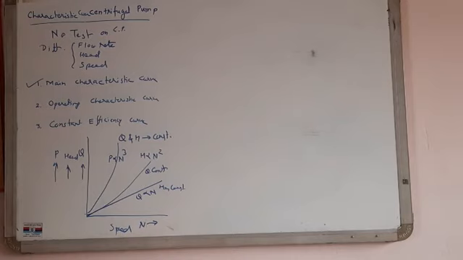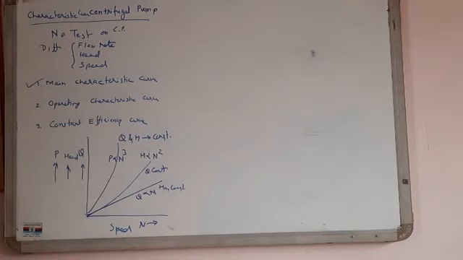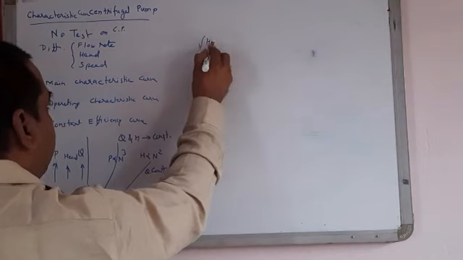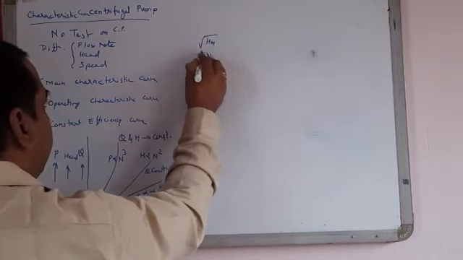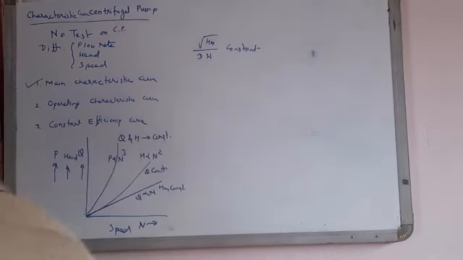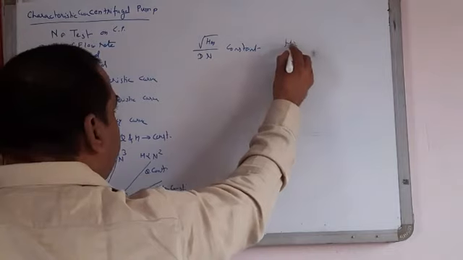For plotting the graph of manometric head versus speed, the discharge is kept constant. From the equation it is clear that root Hm by Dn is constant, or Hm is proportional to N square.